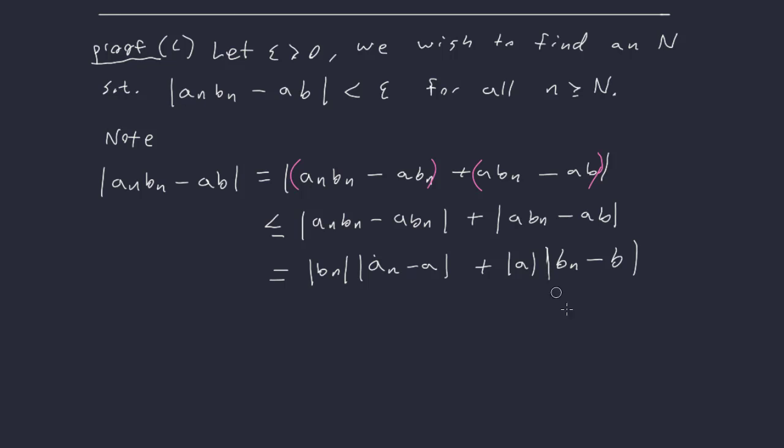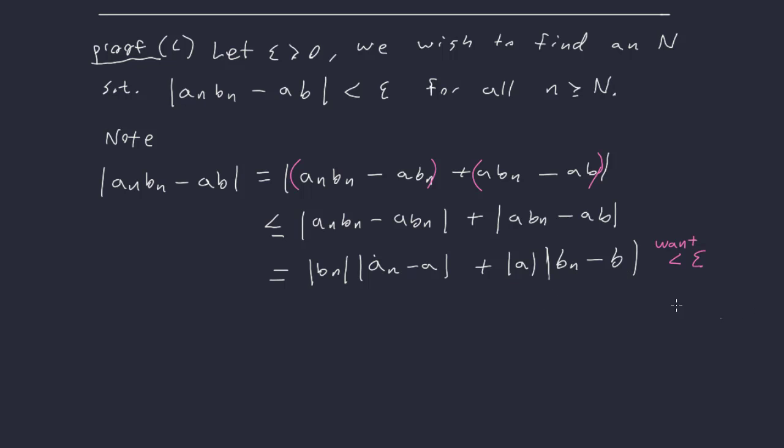All right, so we want this less than epsilon. But we already know that these two guys here, this an minus a and this bn minus b, those distances, we know we can get them as small as we want since we have convergence. An converges to a and bn converges to b, so we can essentially get these as small as we want.